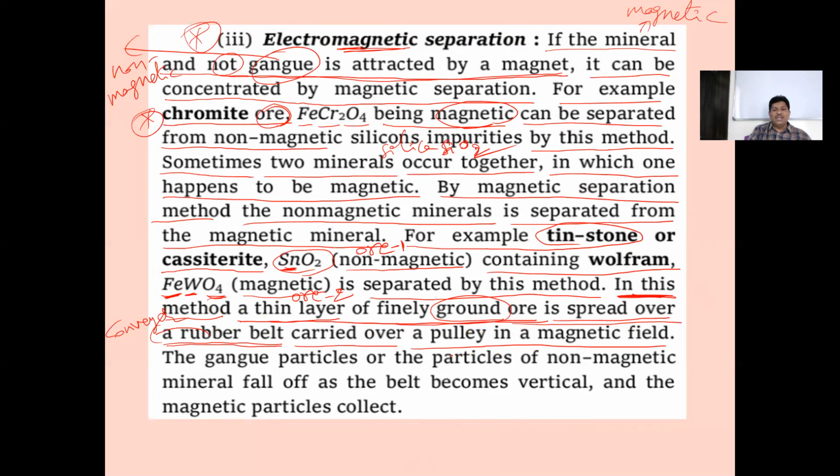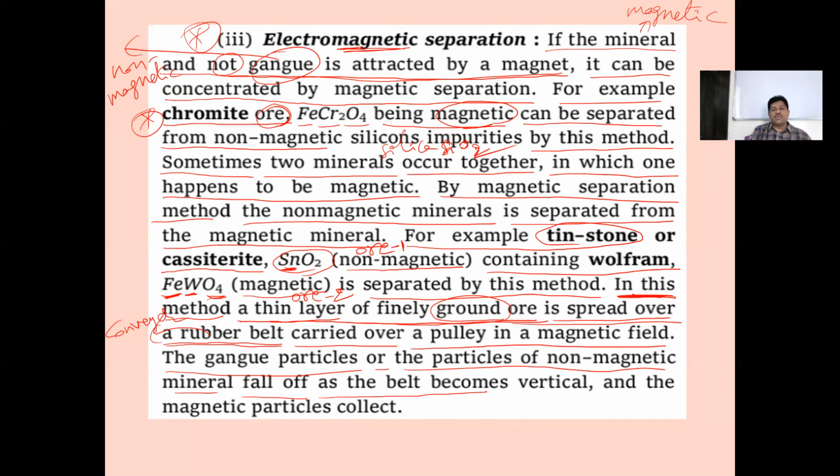The gangue particles, meaning the impurity particles, or the particles of non-magnetic material, fall off, meaning they fall away.